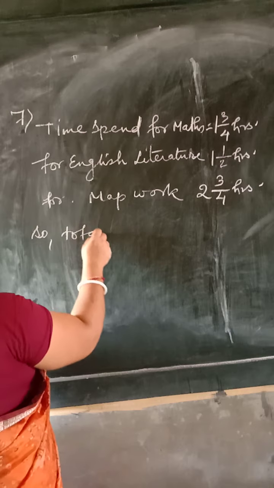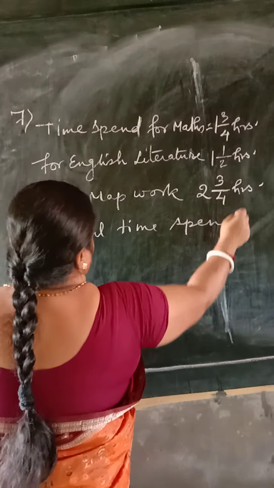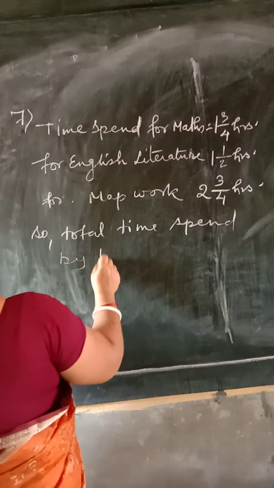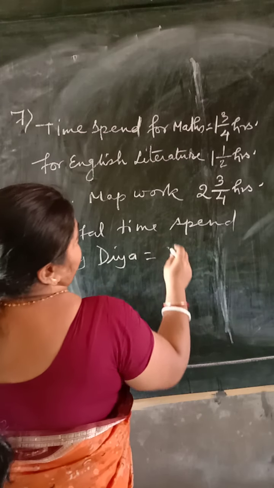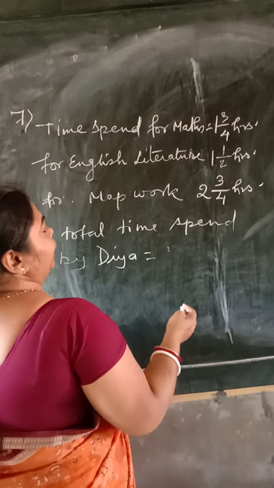So total time spent by the girl is equal to, here I am converting and adding, so it is up to you what you are following.